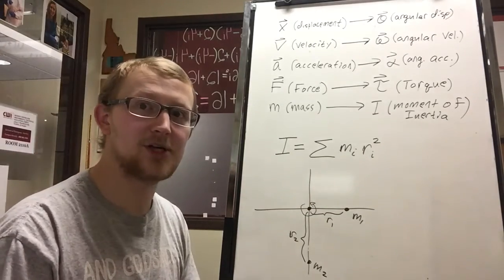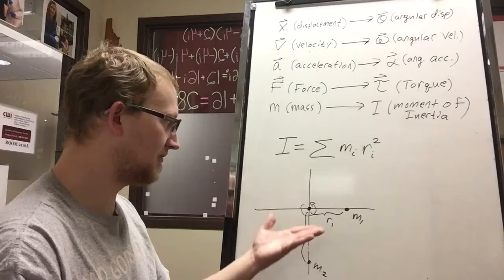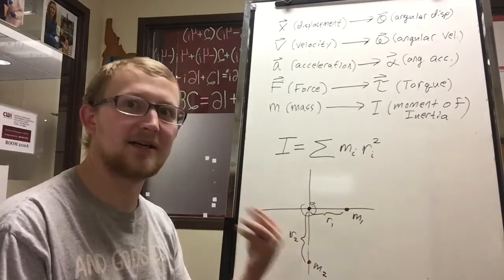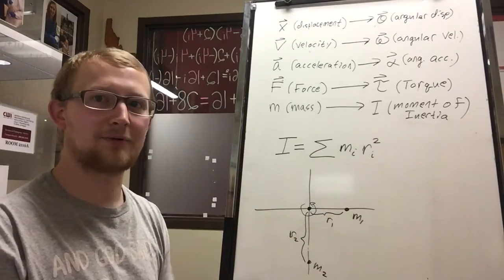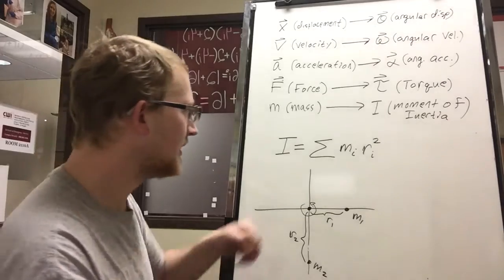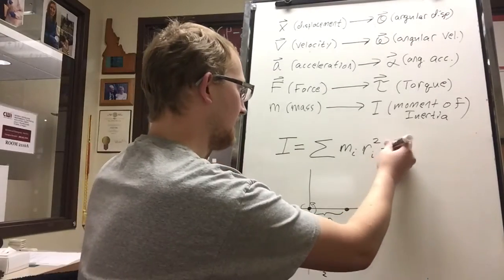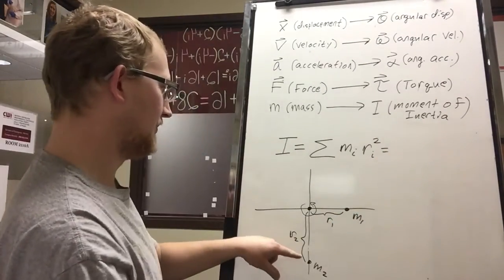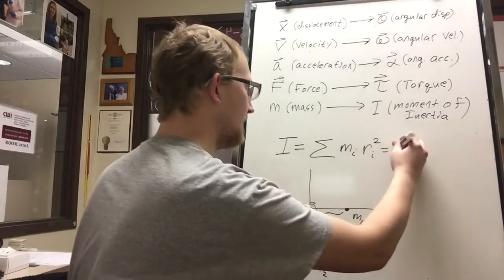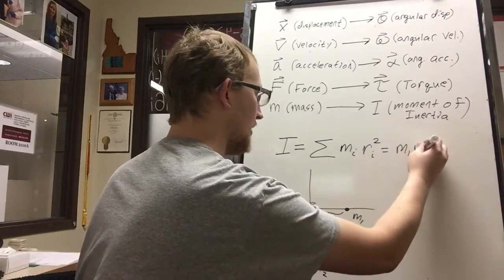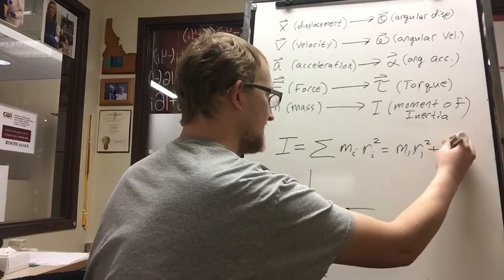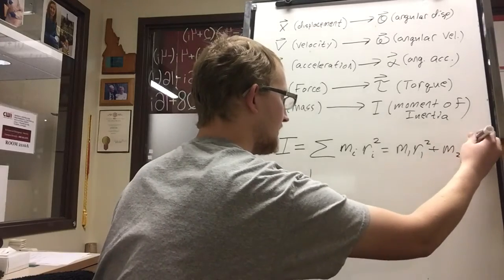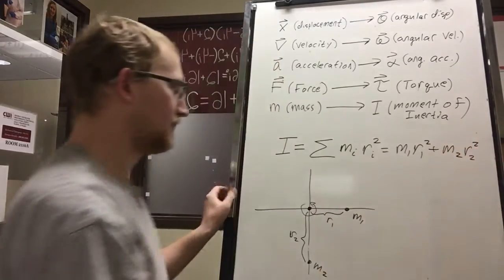So the moment of inertia of any system of point-like masses is entirely dependent on what you want to rotate it about. So if I were to write out this sum long form, I would have m1 times r1 squared plus m2 times r2 squared.